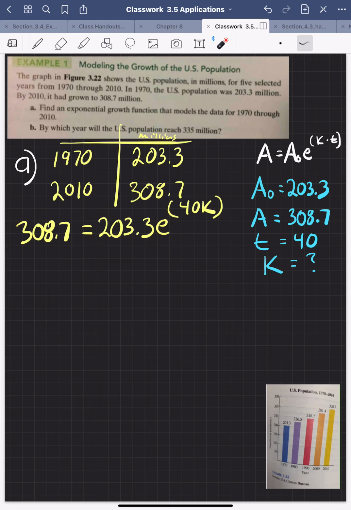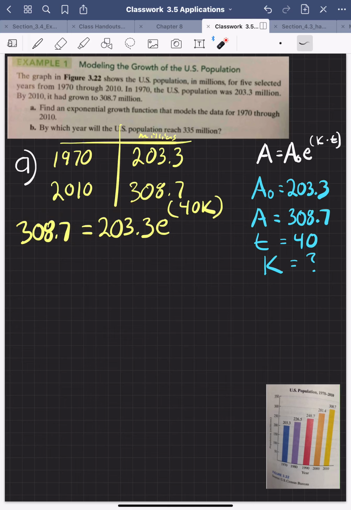I've seen a lot of students write this out as 308 million, writing the whole million out, and then they start running out of space on their calculator. Their screen just can't support that many characters. So just leave it as 308.7, leave it as 203.3, but understand that you're talking millions. Ready?